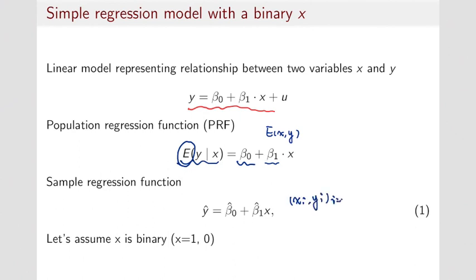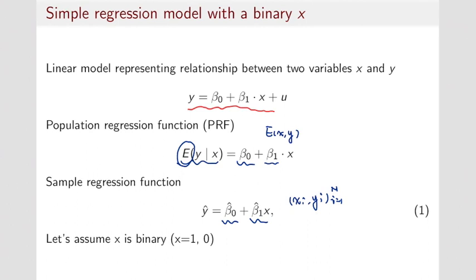Once we collected a sample xi, yi with n observations, we can run the OLS regression to estimate the coefficients beta 0 hat and beta 1 hat. The sample regression function says that the fitted value for the observation, y hat, is equal to beta 0 hat plus beta 1 hat times x.